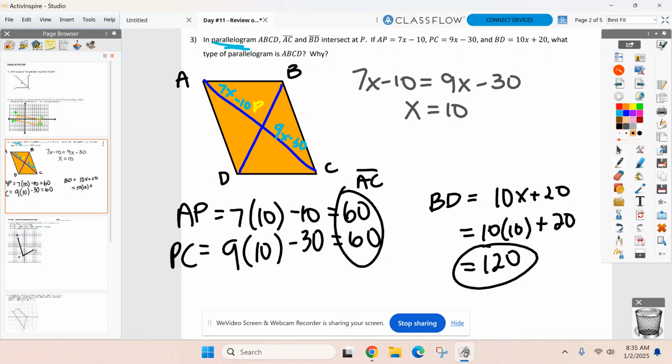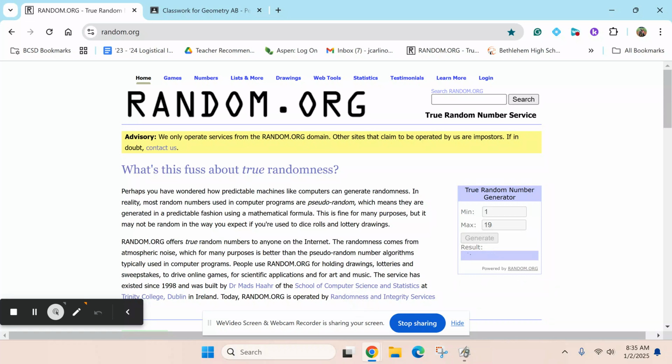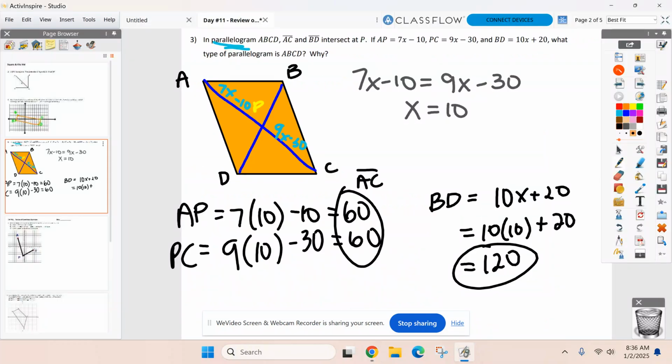What do I know about those two diagonals from plugging in 10? This piece was 60, this piece was 60, and BD was 120. What do I notice about the diagonals?